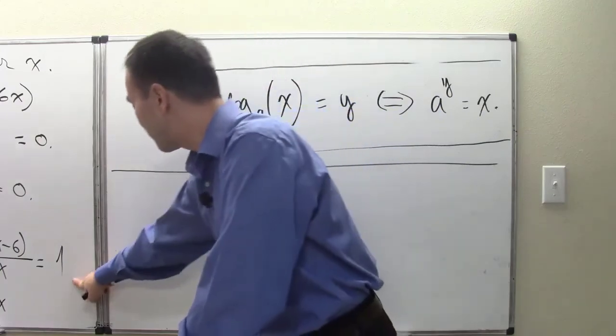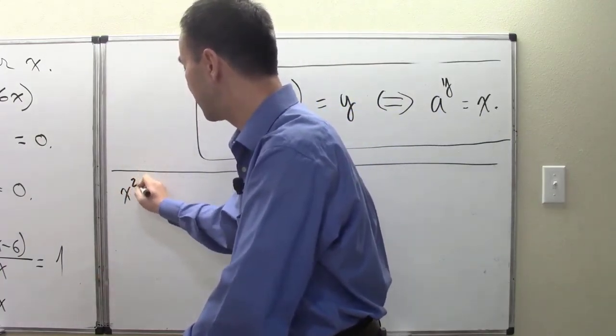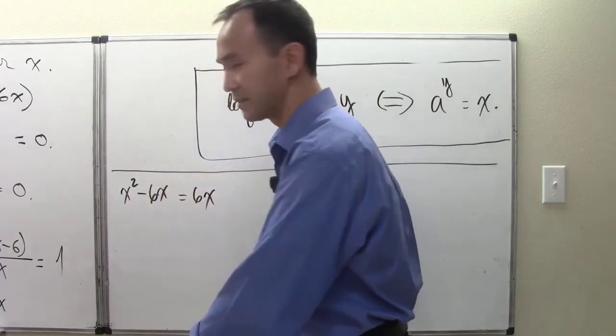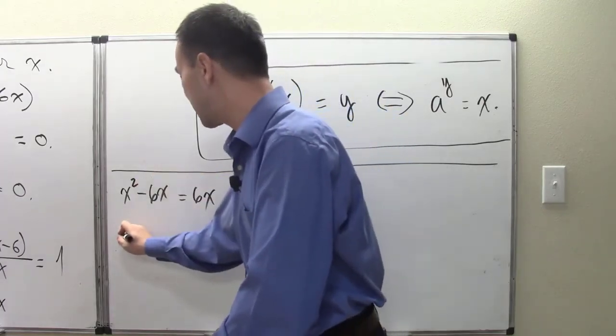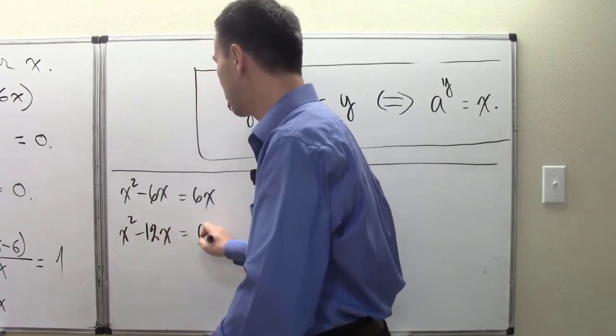From the very recent step, allow me to write it here again: x squared minus 6x equals 6x. Realizing that this is a quadratic, I'm going to bring that term to the other side. So x squared minus 12x equals 0.